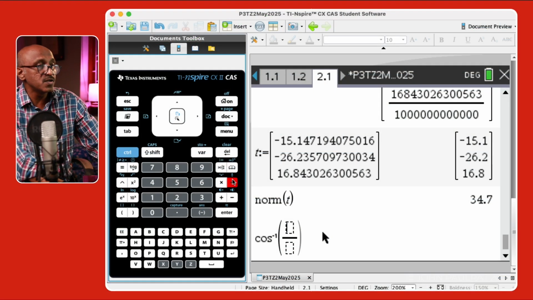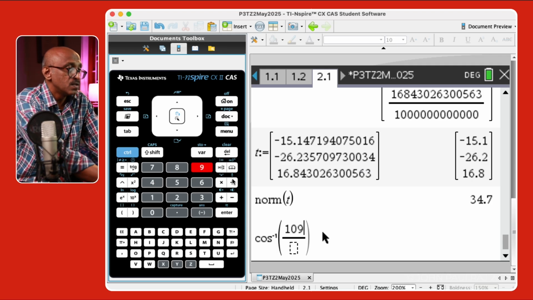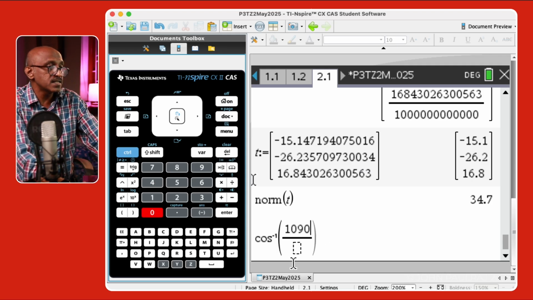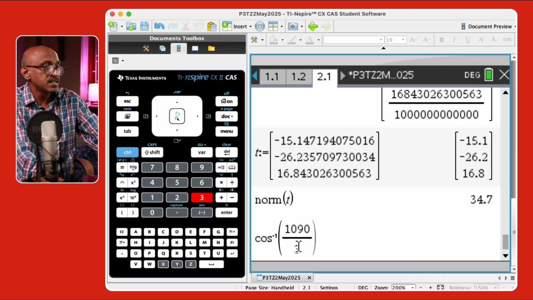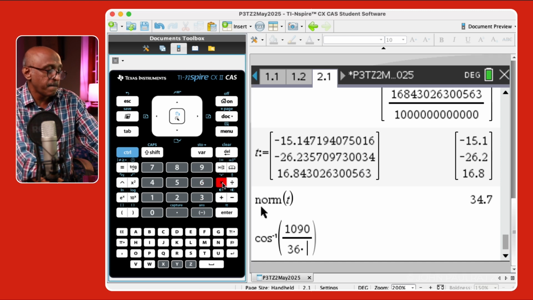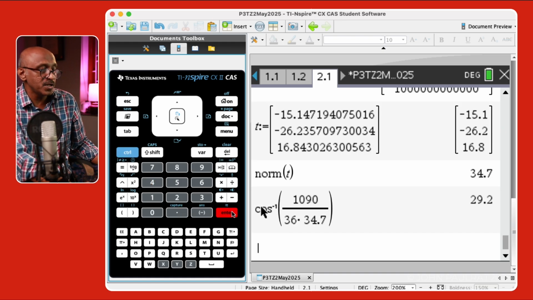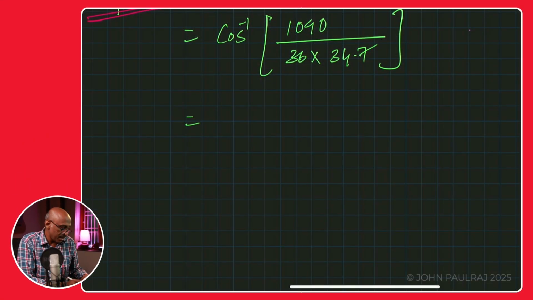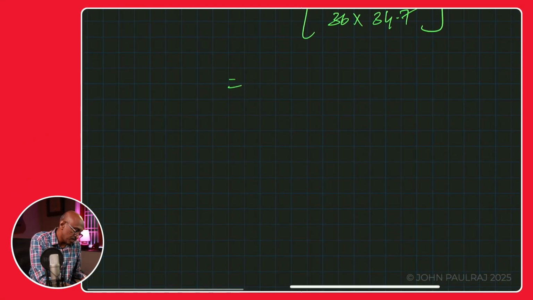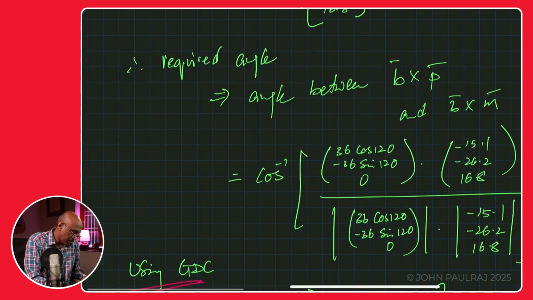So it's 1090, and here I got 36 times 34.7. Then hit control enter. What do I get? I get that value is 29.2. Come back and we say that is 29.2. I think that is all that we need to find out.